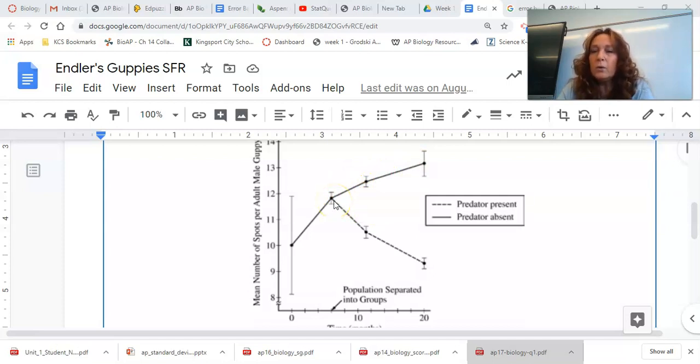So what we were looking for was where you were with your variation. Tons of genetic variation right through here. Huge error bars. Then you have these other mean numbers of spots, and they don't have hardly any genetic variation. So you don't have the big range of numbers.